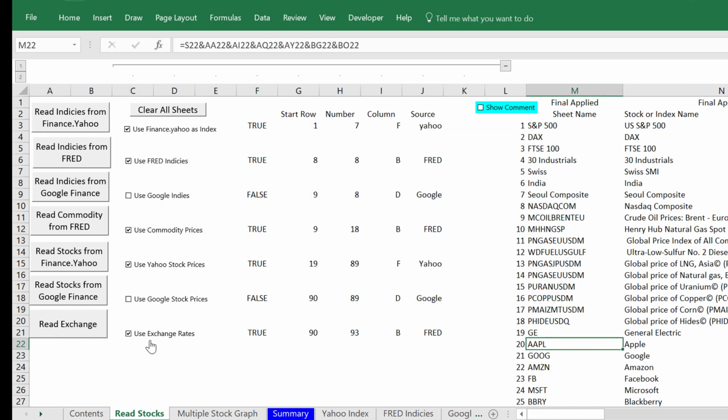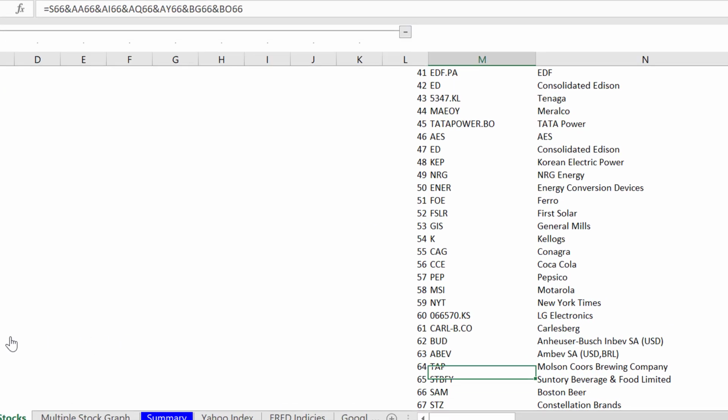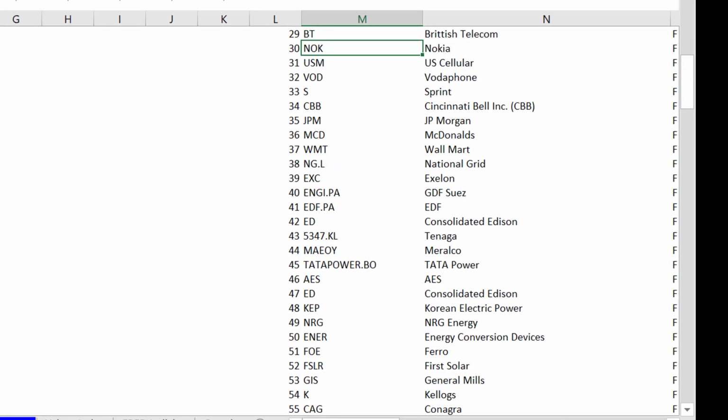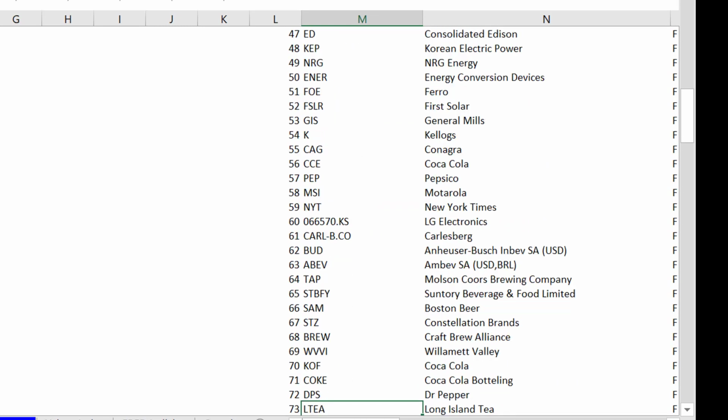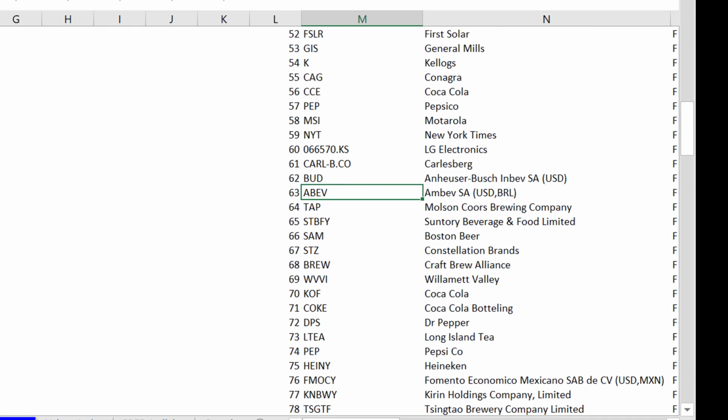And then you make this really long list of everybody you want. So here are some price indices, here's some fuel prices, and these are the sheet names, by the way. And here's some stocks, a lot of stocks, and then finally some exchange rates.